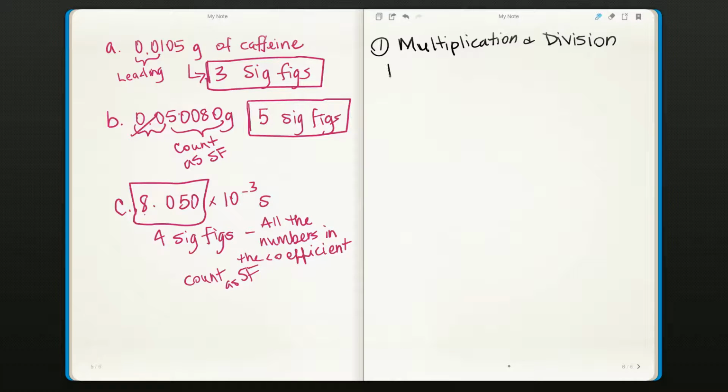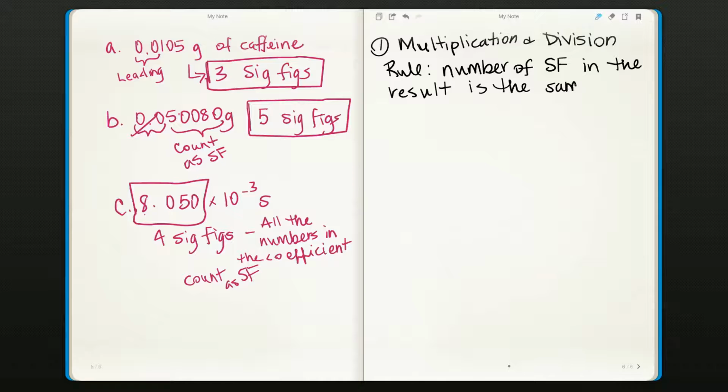So the rule for multiplication and division is the number of sig figs, SF again, I'm abbreviating it, is the number of significant figures in the result is the same as the number that you used in your calculation that is the least precise.